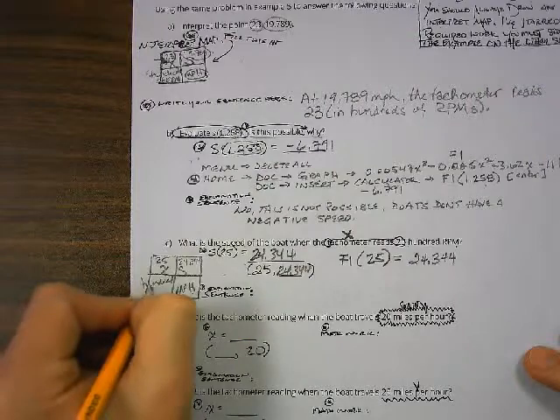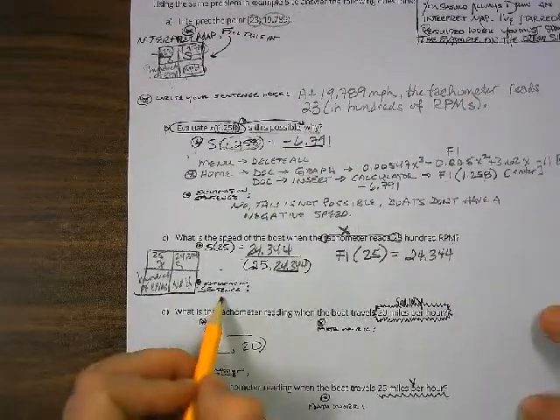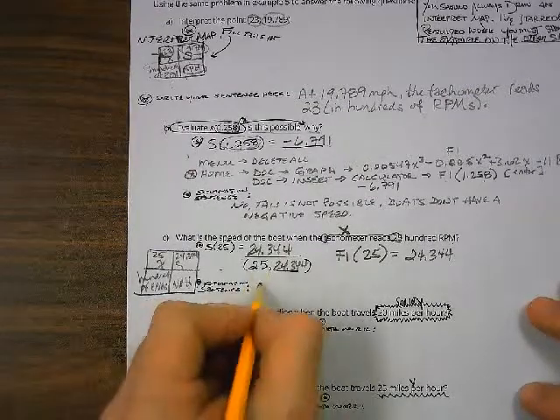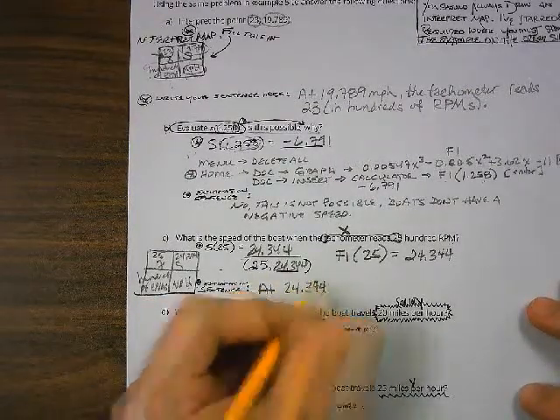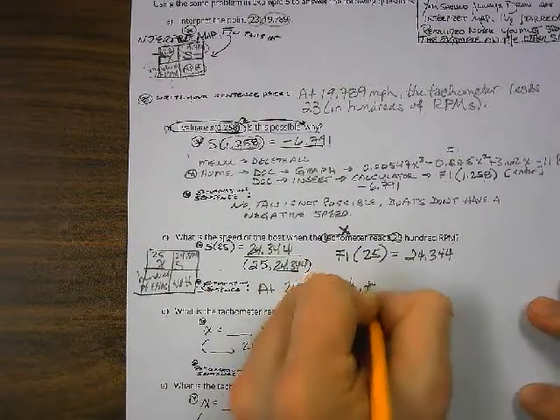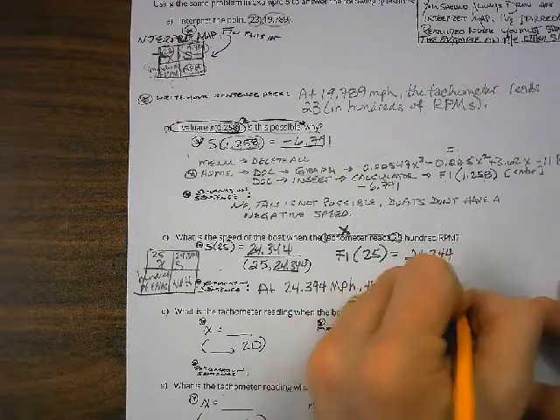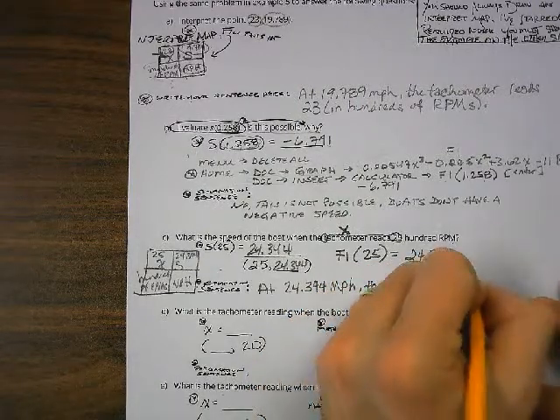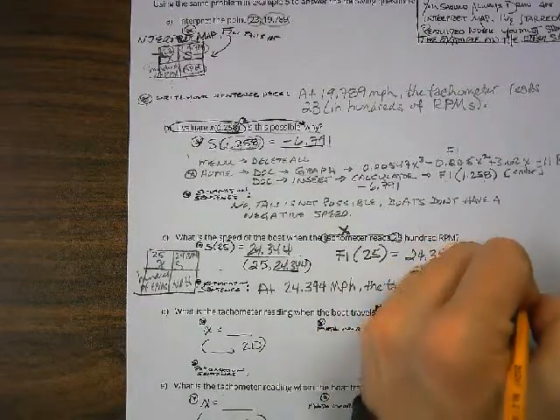You just say 24.344 miles per hour, the tachometer reads 25 in hundreds of RPMs. Great.